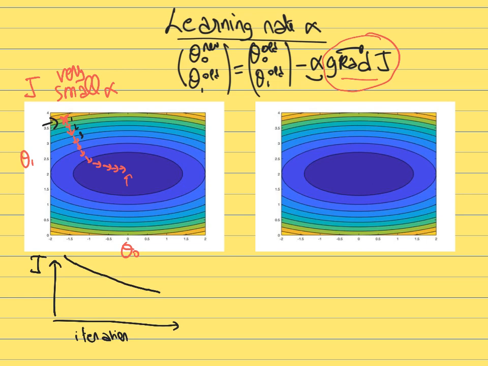So let's see now what happens if you take a very large value of the learning rate alpha. Let's say that you start from the same initial position. Again, you will move towards the direction of the negative gradient, so the direction will not change.